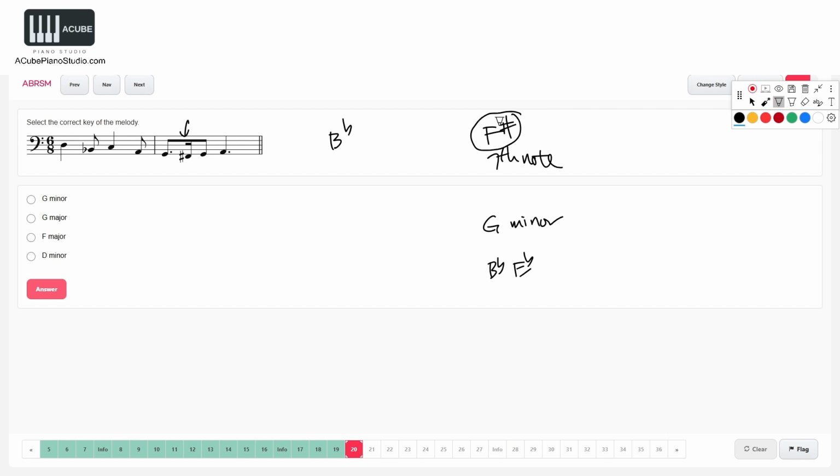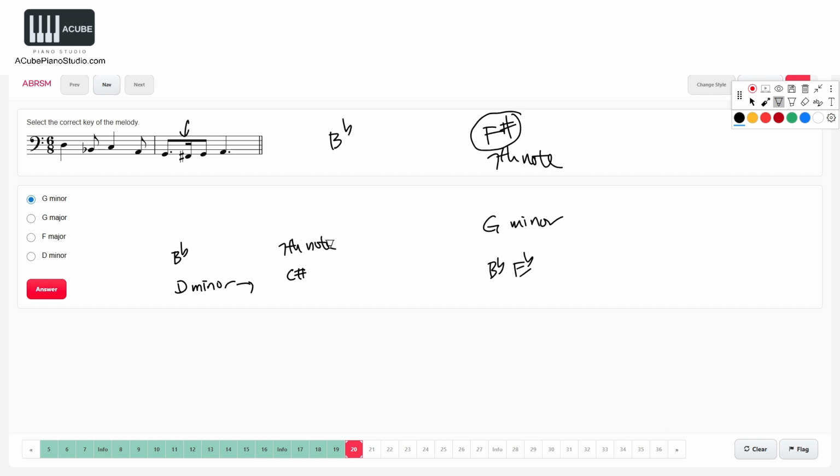Because of this F sharp here, we conclude that this is G minor. If I assume that there is only one flat in the key signature and it's a minor key, it is D minor. But what is the sharpened 7th note of D minor? It is C sharp.